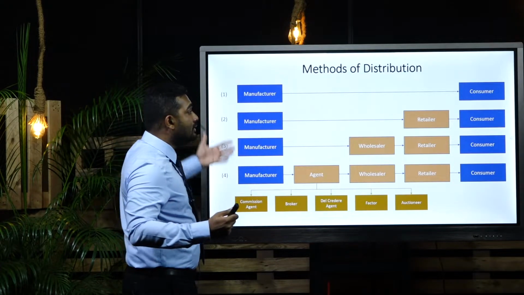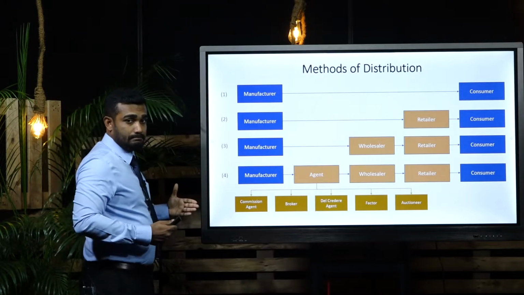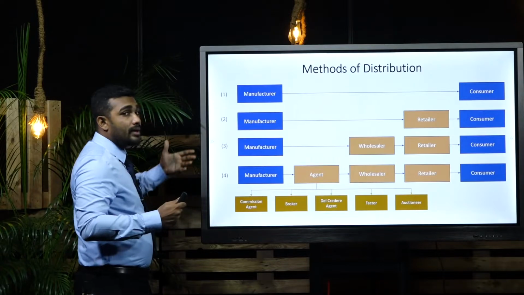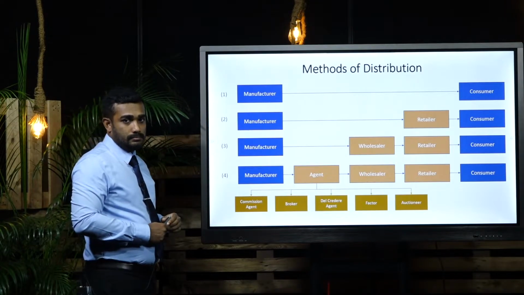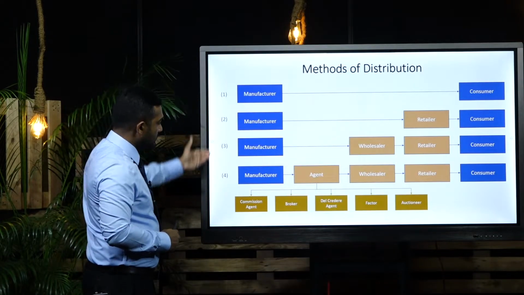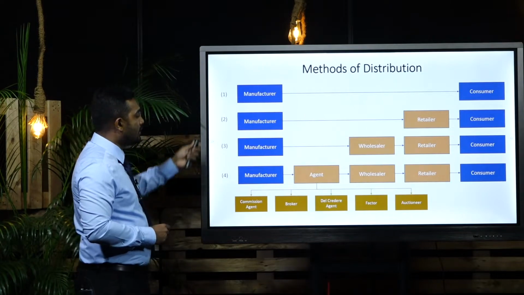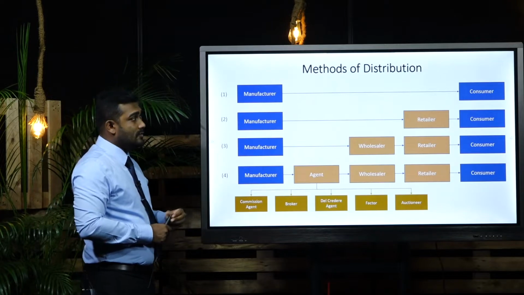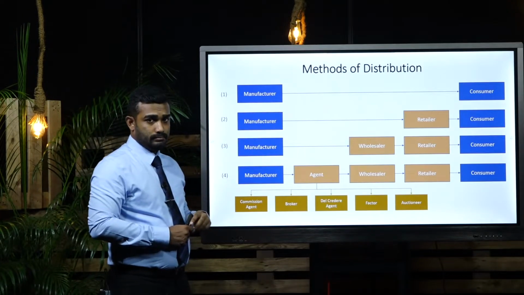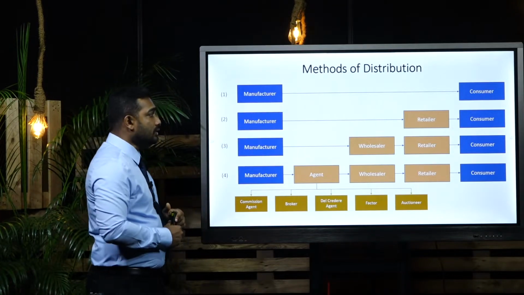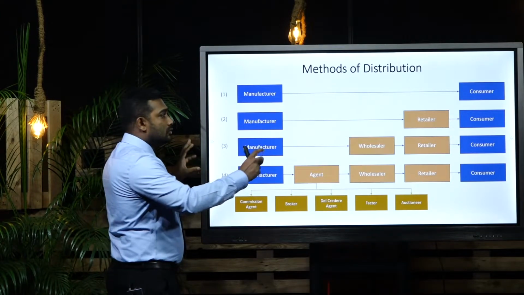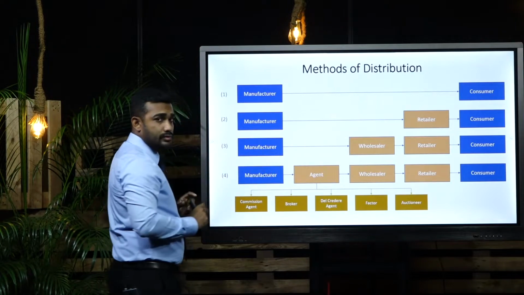Now, there can be multiple ways as mentioned here. It depends on what the product is. Here, if you look at this diagram, you can see there are mainly 4 ways of distribution, which involves, as I said earlier, connecting the 2 different parties.